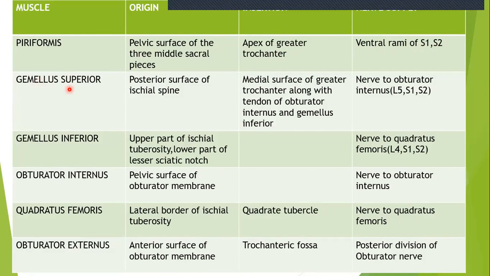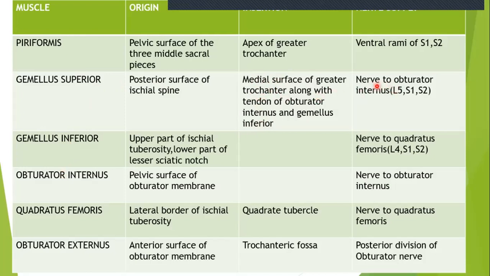Superior gemellus or gemellus superior, whatever you can call it, originates from the posterior surface of ischial spine. Where does it insert? It inserts on the medial surface of greater trochanter, along with the tendon of obturator internus and gemellus inferior. So gemellus superior, gemellus inferior, and obturator internus, all of them have a common insertion, which is the medial surface of the greater trochanter.